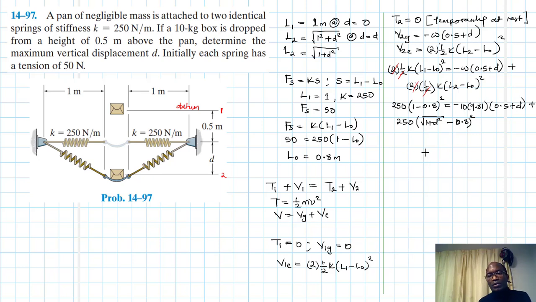So there we go. We can write this now as plus 250 minus 250 times 0.2 squared.